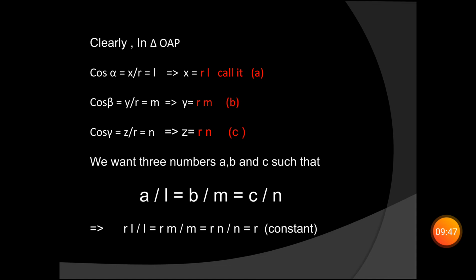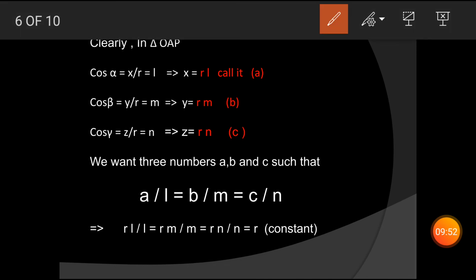Just imagine that we call this rl A, rm B, and rn C. If we put these values in place of A, B, C, in place of A, rl, in place of B, rm, in place of C, rn, then what will happen? L will be cancelled with L. What will be left? r. m will be cancelled with m. What is left? r. n is cancelled with n, and what is left? r. So it means we got a constant, that is r.